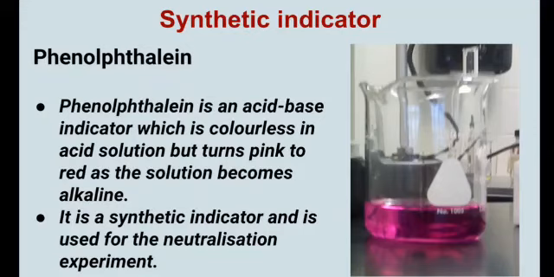It is a synthetic indicator and is used for neutralization experiments. If we want to neutralize the experiment, meaning change the acidic and basic nature of the substance, we use phenolphthalein. Okay.